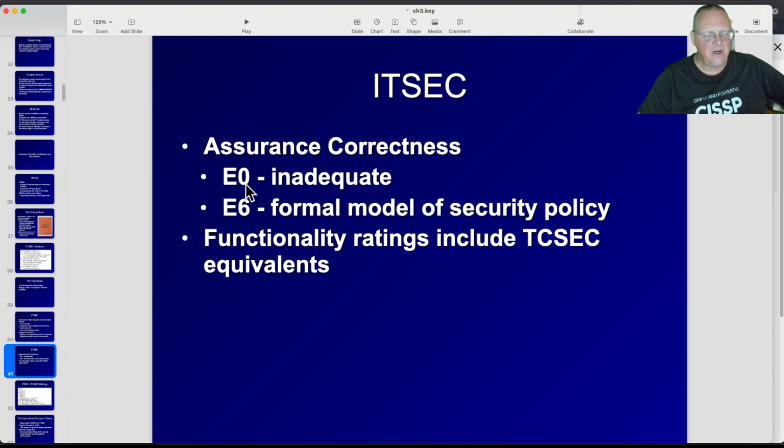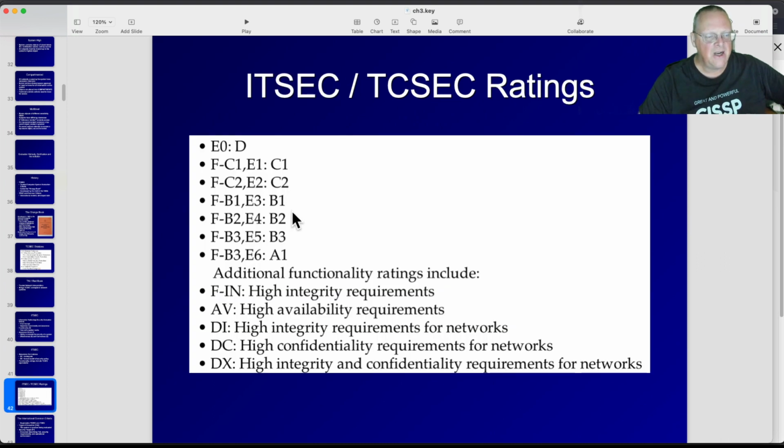So E0 was considered inadequate, and E6 is the highest level with a formal model. So there's a way they map more or less to each other. Like the A is up here at the F, B3 to E6, and E0 is the D. So it's slightly different and more complicated, but it amounts to the same general thing.